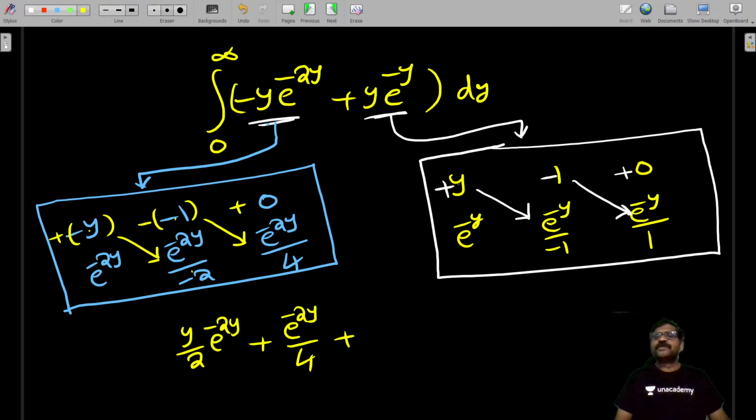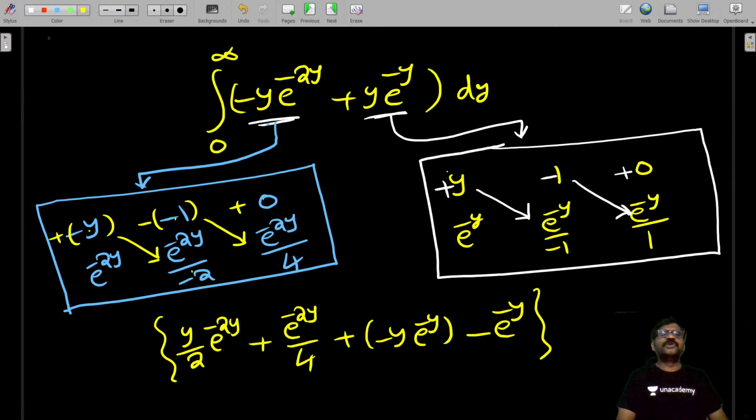Second term plus y into e power minus y by minus 1, that is minus y into e power minus y. Next minus 1 into e power minus y, minus e power minus y. Lower limit 0, upper limit infinite.